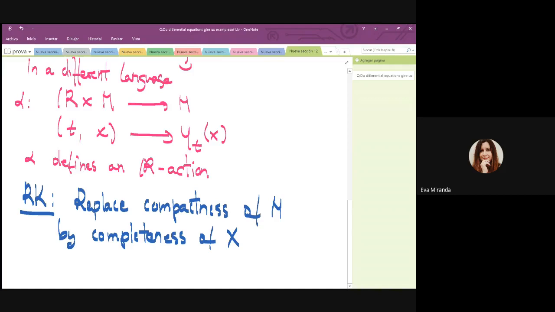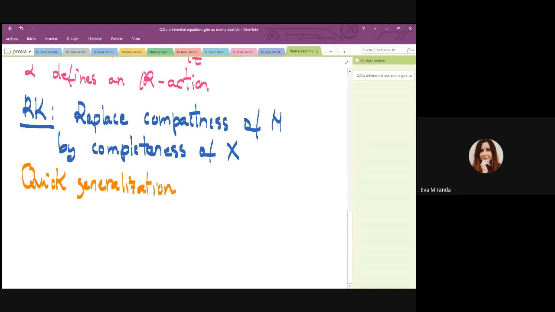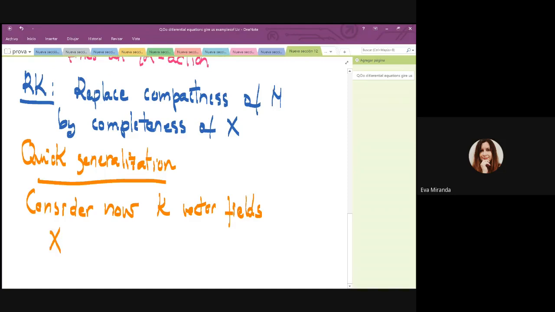Okay, a quick generalization of this idea. Consider now k vector fields X1, ..., Xk on a manifold of dimension n.